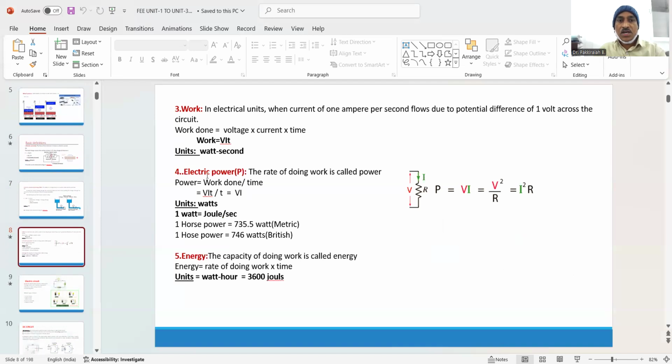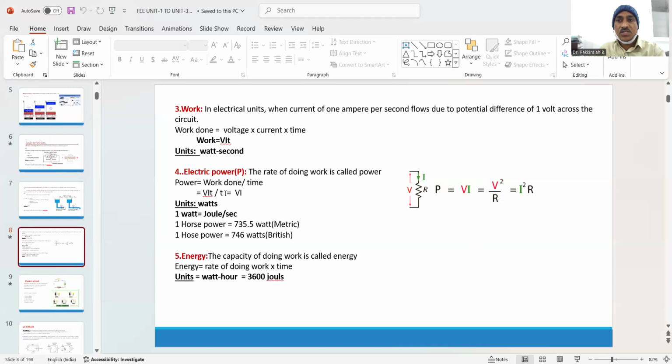And next, electric power, or power. The definition for electric power: one, we can call it the product of voltage and current. Other, rate of work done is also called power.